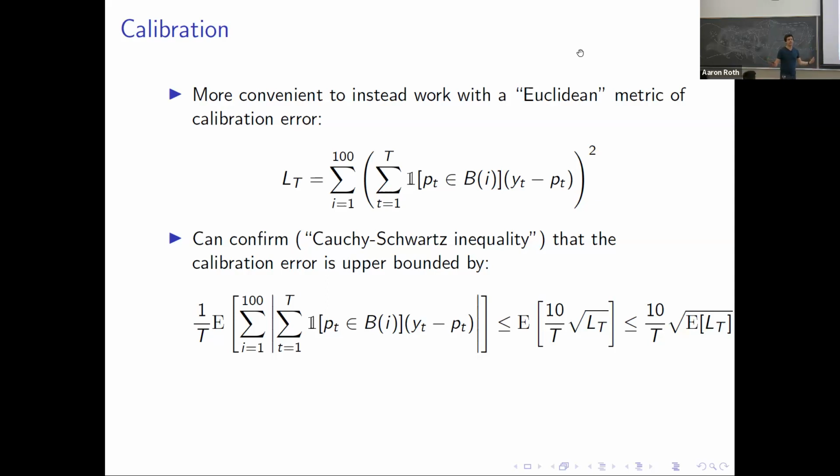So basically we can convert between these two things by taking a square root, and this line is the Cauchy-Schwarz inequality. Okay, so this part's not super important, except that we're going to try to cook up an algorithm to make this thing small, and if we can do that, that will suffice to make this thing small, and will suffice for us to keep our jobs. Okay.